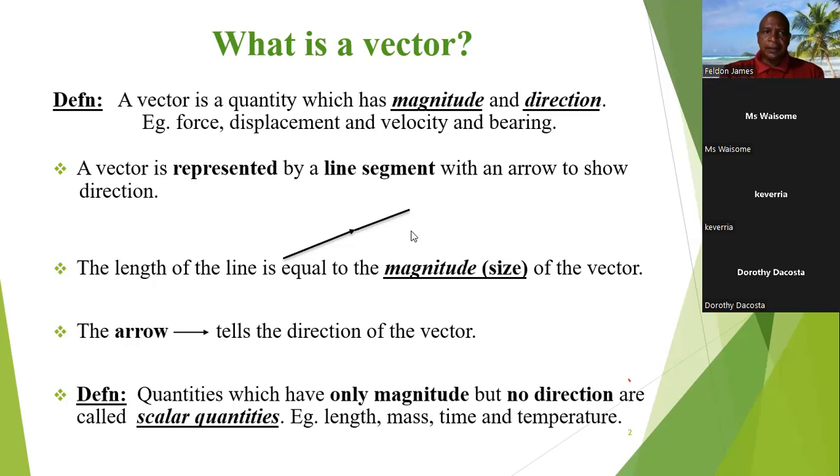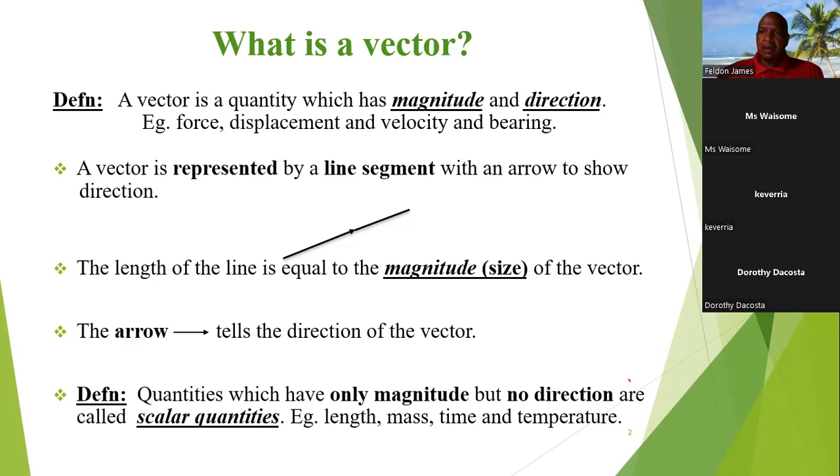But as I was saying, most vector quantities, we cannot really see the quantity itself, like force acting. We can't see the force. The object can somewhat demonstrate that the force is acting in a straight line.